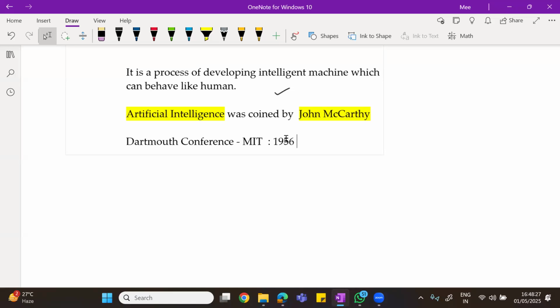Second thing is, as we moved forward, we got the mobile phones, the laptops, the computers, the internet, social media, smartphones, all these things. Everything is generating data, a humongous volume of data.